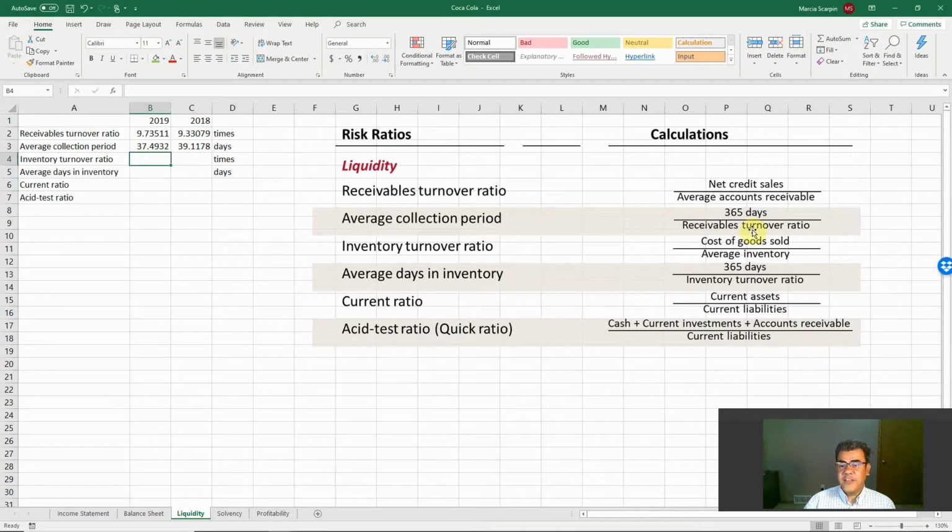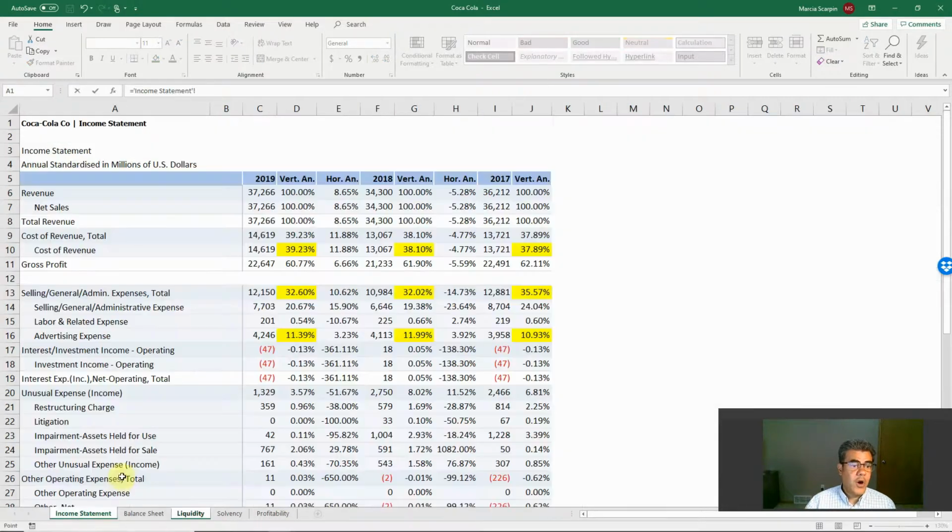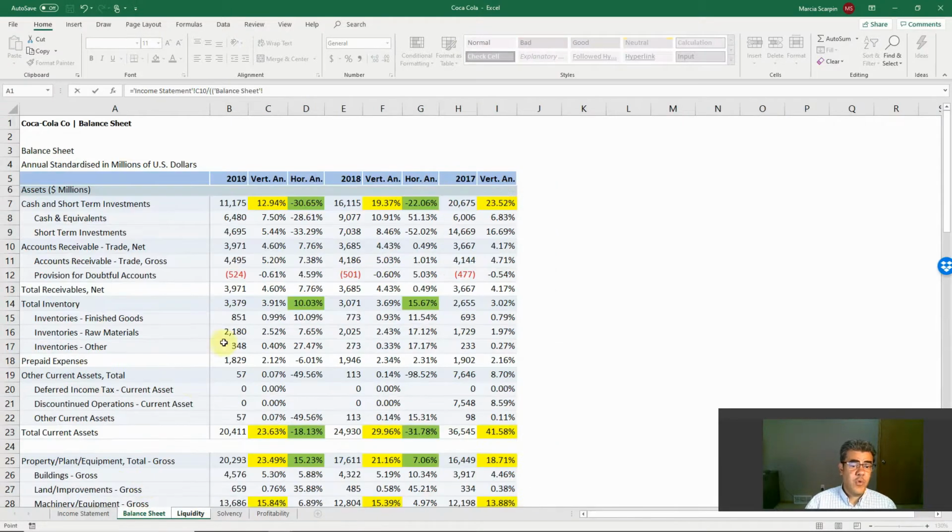Inventory turnover, the same formula, but we don't work with sales. We work with cost of goods sold because remember financial accounting: we have inventory, and when we sell it, it goes from inventory to cost of goods sold. So cost of goods sold, or they also call it cost of revenue, divided by double parentheses, inventory, which one?